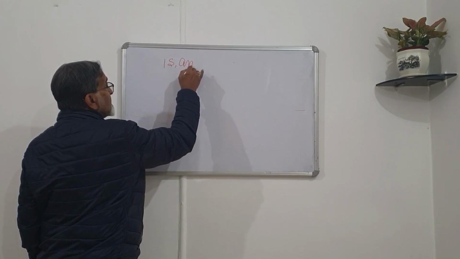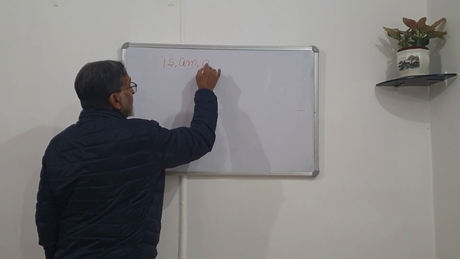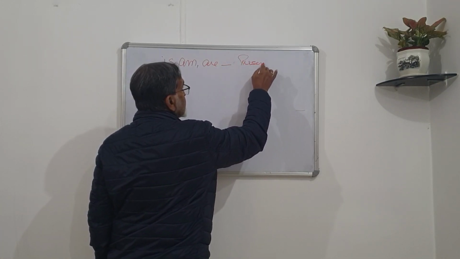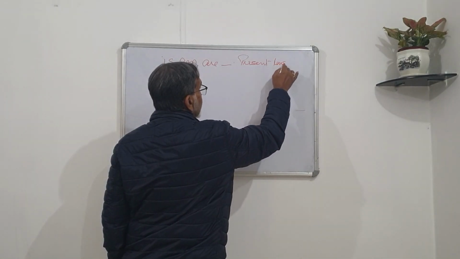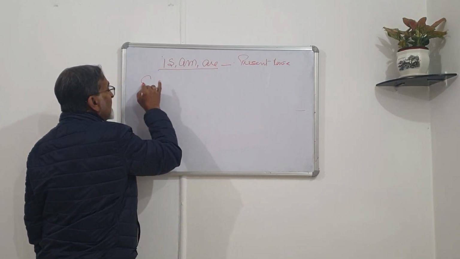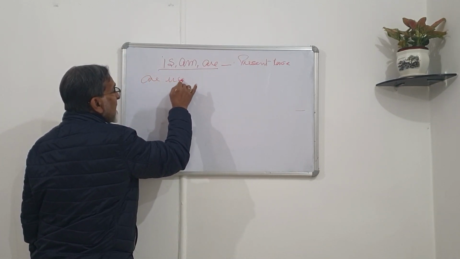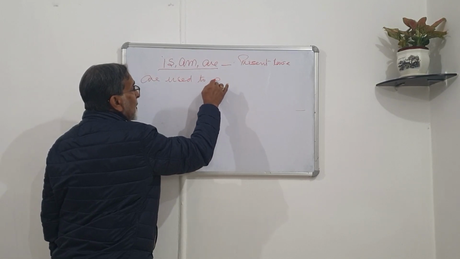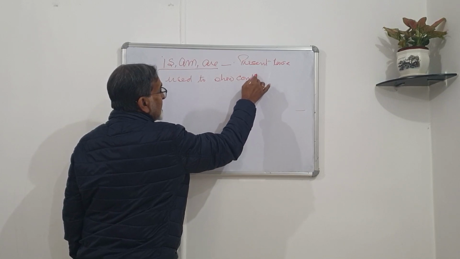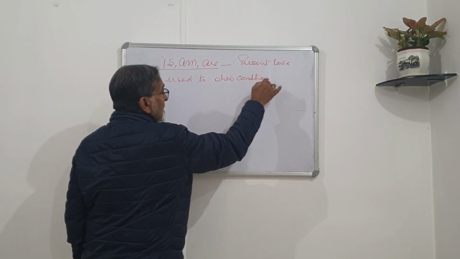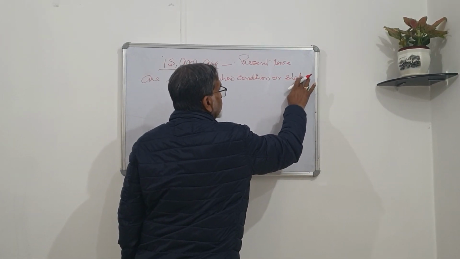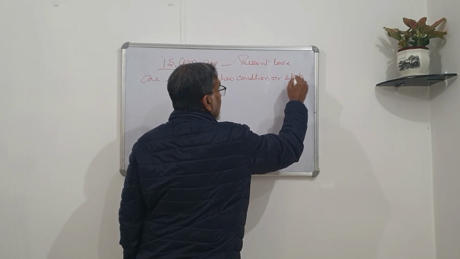is, am, are in present. These verbs is, am, are are used to show condition or state.